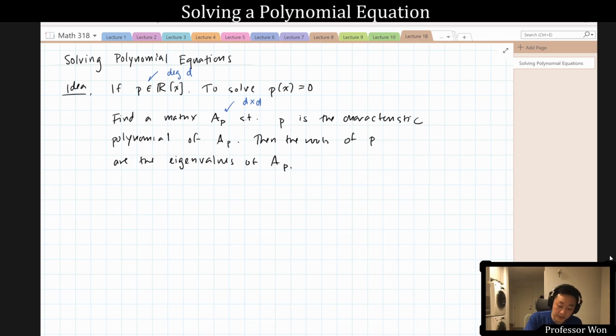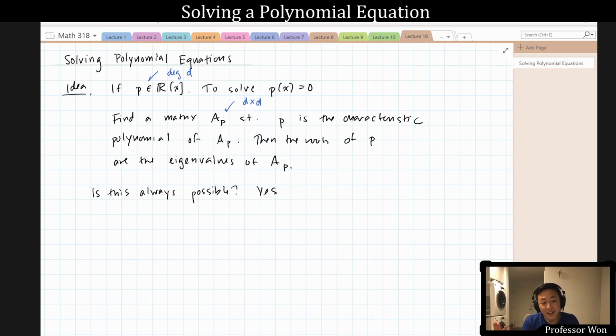So is this possible? And the answer is actually yes. It's not that obvious, but we'll write down a matrix that has exactly the characteristic polynomial for any polynomial p that we choose.